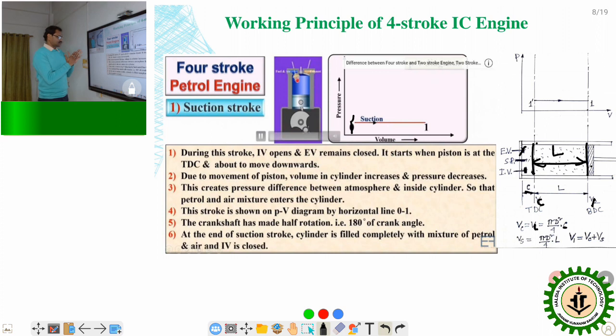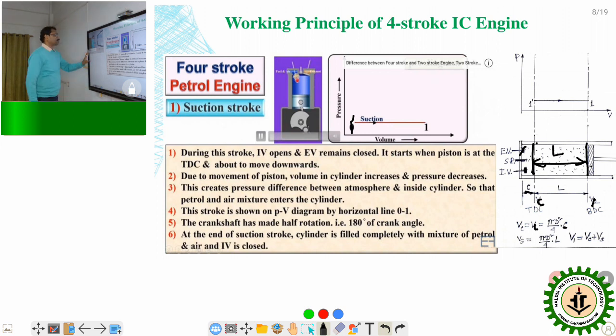So in one stroke, one part of the thermodynamic cycle happens here, that is the suction stroke. I will discuss later how, with the total 4 strokes of the cylinder, the total thermodynamic cycle, in the Otto cycle or diesel cycle, will be completed. Again another cycle will start. That's why it is called 4 stroke.